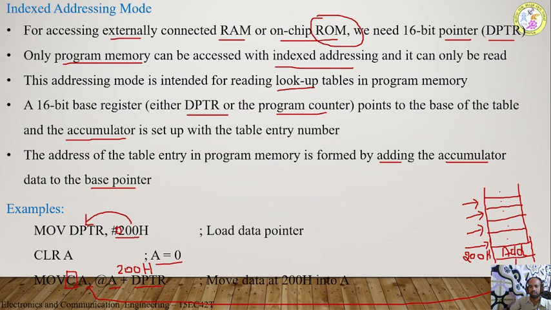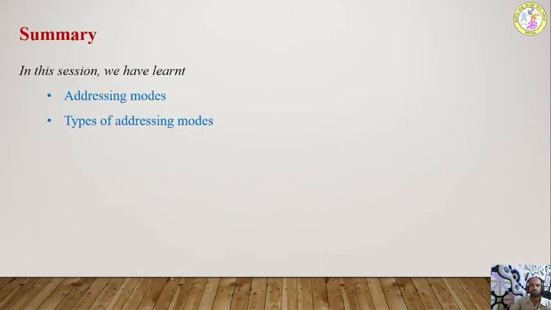I can write @A+PC. Take the content of the program counter, add it to the content of the accumulator, and that forms the final address. Go to that address, take the code stored over there and copy it to the accumulator register. That is called MOVC.